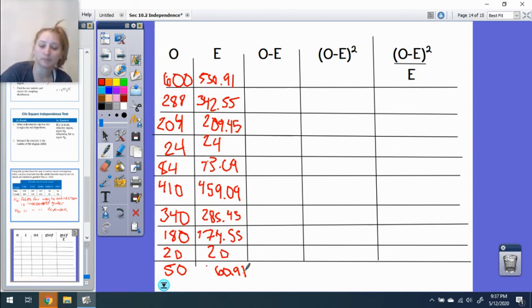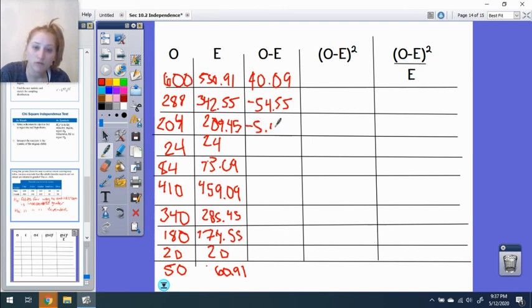Okay, so hopefully you got this. For this first one, I got 40.09, negative 50.55. I'm just subtracting observed minus expected.